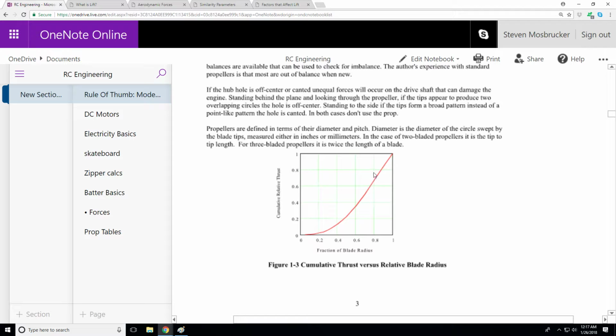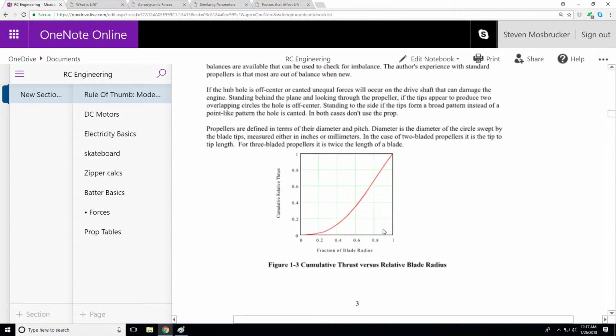So you're saying from here to here, you have 40%. 40% of the thrust is generated at the last 20% of the blade. So at the very, very edges of the blade, you're generating massive amounts of thrust. And the closer you get to the hub, you're generating very little to no thrust at all.